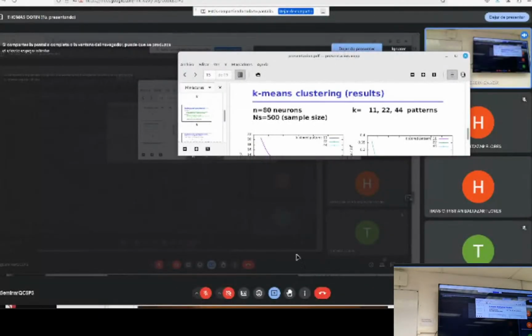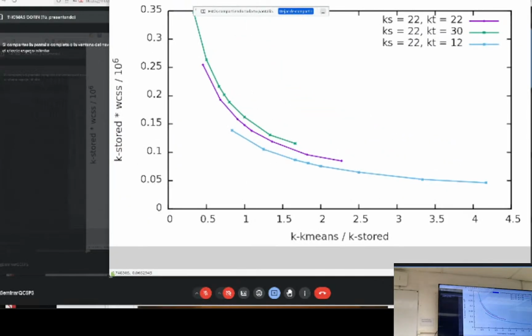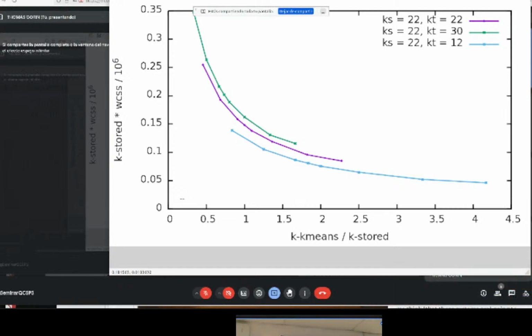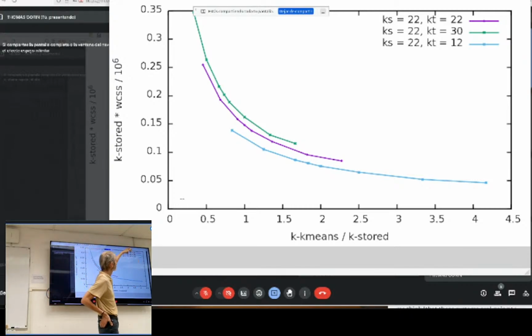I made a picture here so you can see that maybe more clearly. You see, this is exactly what I said. So really, you know that we have 22 patterns stored, and we do our analysis assuming that the number of stored patterns was 22, larger 30, or smaller 12.